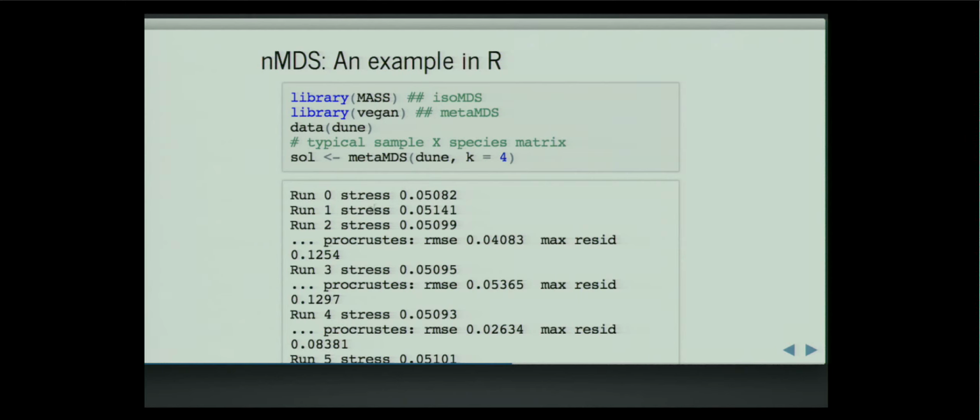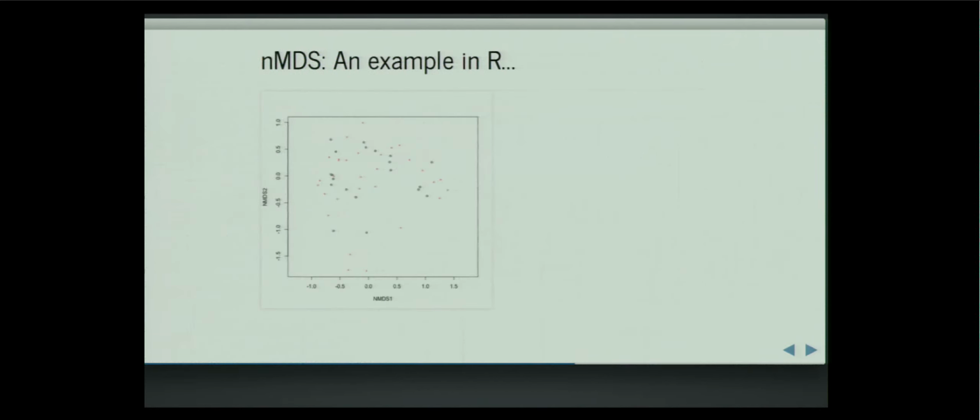Basically you can see that on the first run, the stress was 0.05082. Then the second run actually increased the stress a little bit, and the third run increased the stress a little bit more. Each time, the computer was shifting the points around a little bit, and then eventually it comes to the best solution.